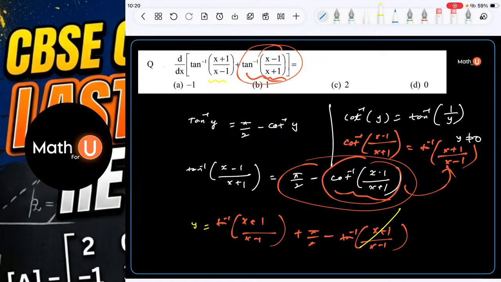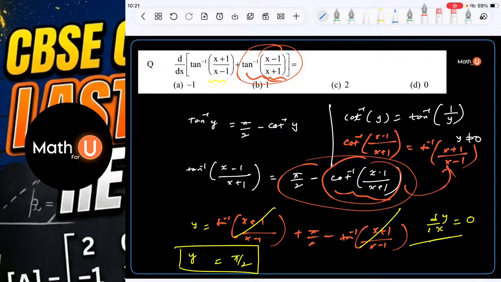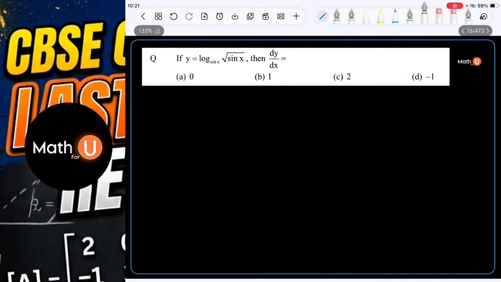These both get cancelled, we get y equal to pi by 2. But the differentiation of y, how much? 0. Pi by 2 is a constant, so its differentiation equals 0. So 0 is the answer, D is correct, okay.